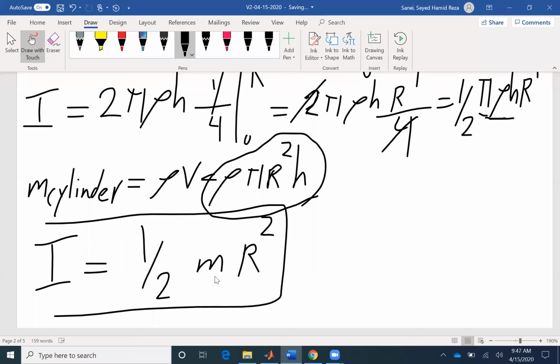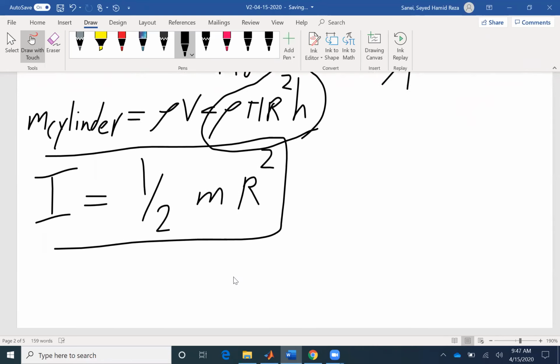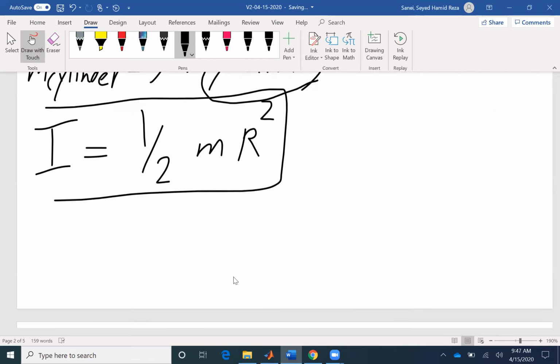If you're using a heavier material, your I is higher. If the radius is higher, the I also goes higher, and I is the resistance to angular acceleration, which means that a higher I would give us a lower acceleration given the same moment.